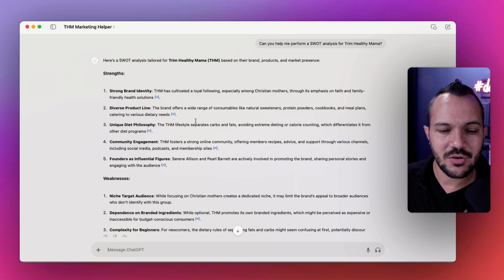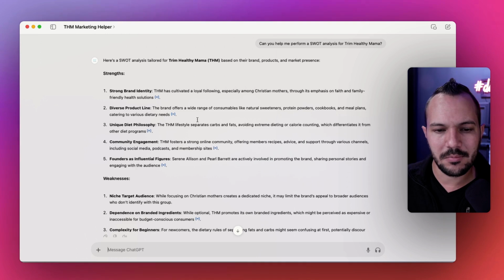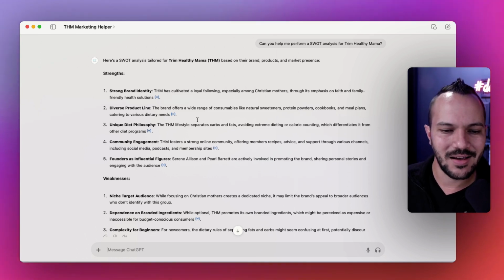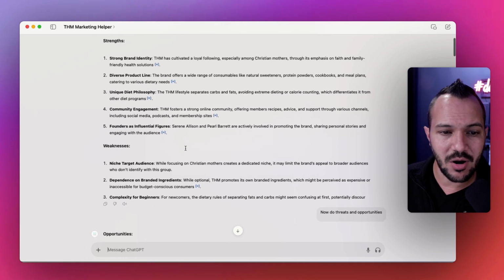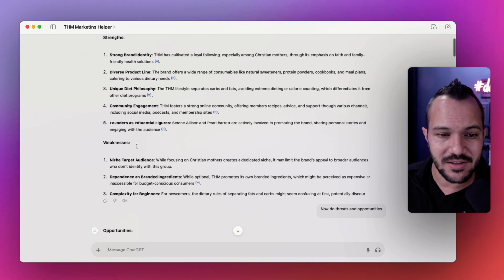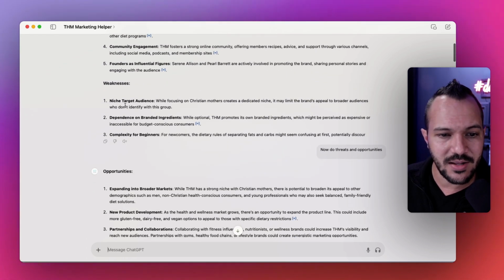And they have a huge audience and sell, I don't know, millions and millions of dollars worth of goods and baking products online. And I had to do a SWOT analysis, and it did a fantastic job in labeling its strengths: strong brand identity, diverse product line, unique diet philosophy, a very strong community; weaknesses.